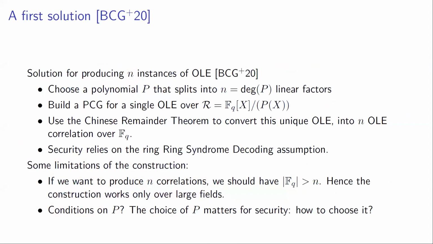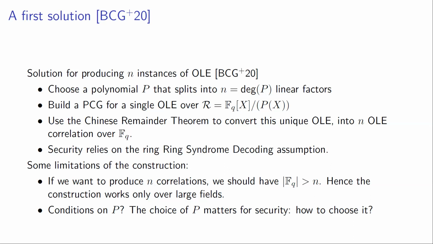Now I want to give you the flavor of how the previous work worked. The idea of Boyle et al. was that if you take a polynomial P that splits into n different linear factors, and you take the ring FQ of x divided by P of x, because of the Chinese remainder theorem it splits into n different copies of FQ.